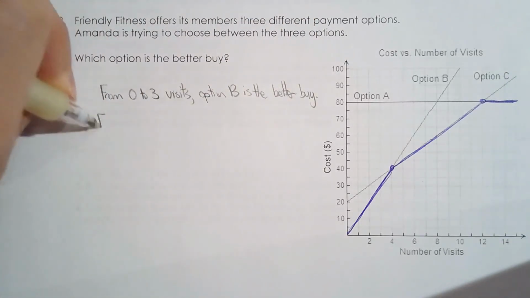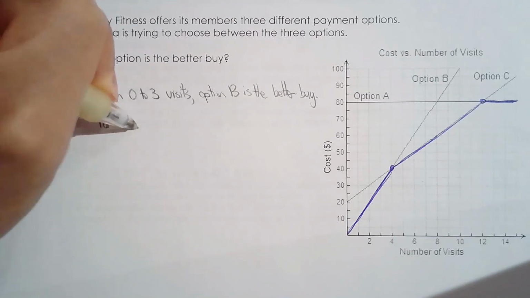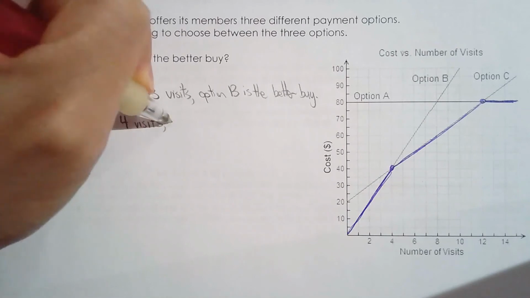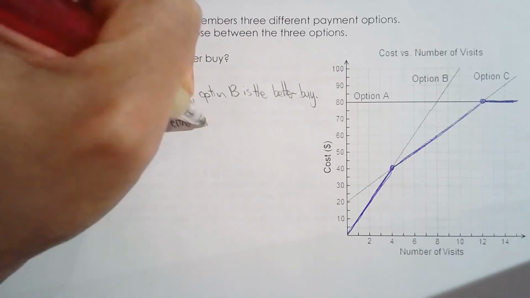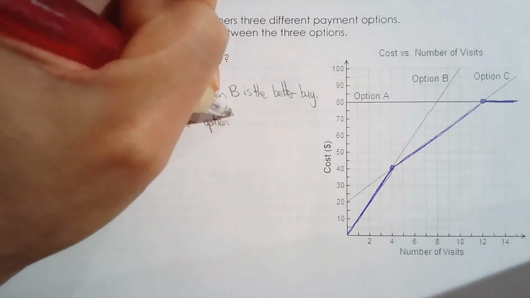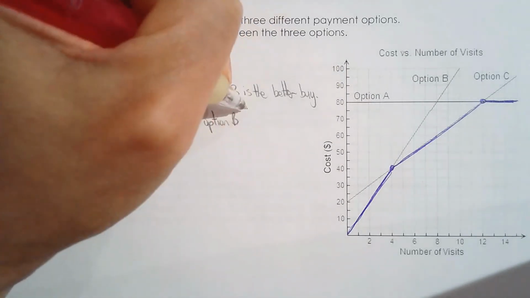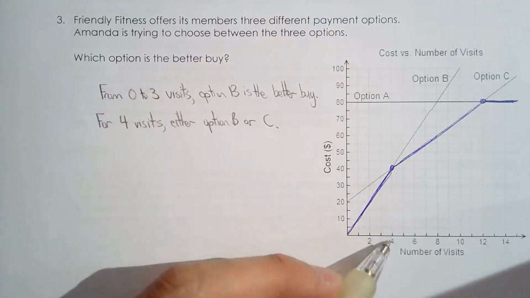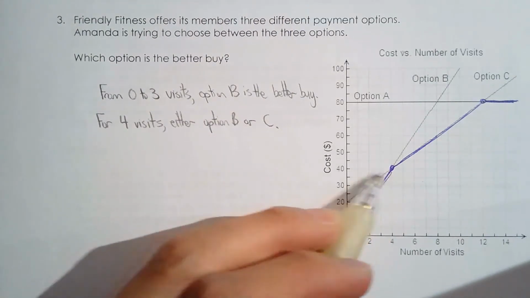For 4 visits, either option B or C. Okay, because at 4 visits, both option B and C cost $40.